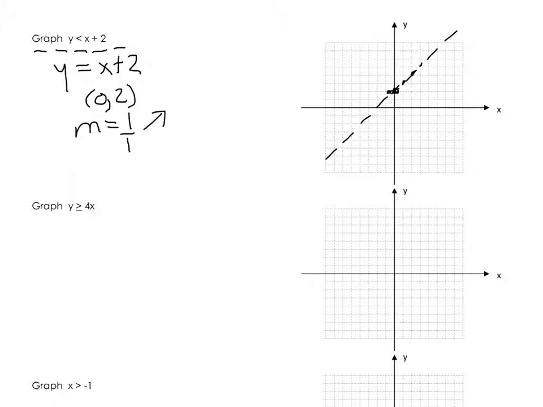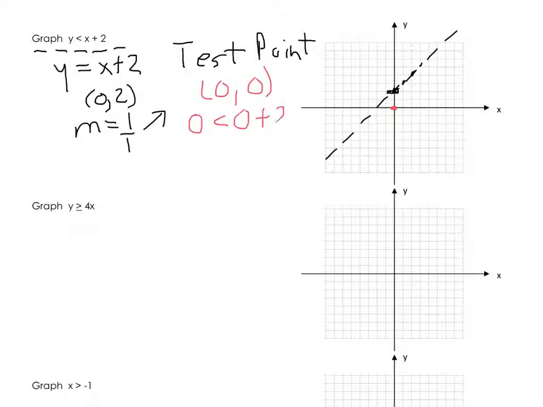Now we need to choose a test point. Is the solution going to be above or below this line? I love to choose a test point of 0, 0. It's my favorite test point because it's so easy. So I substitute those values into the inequality and I see if it's true.